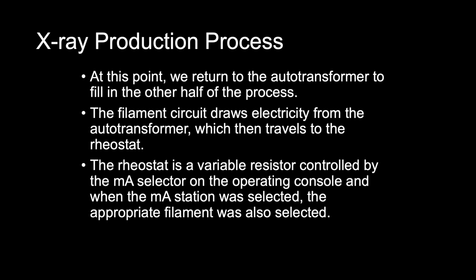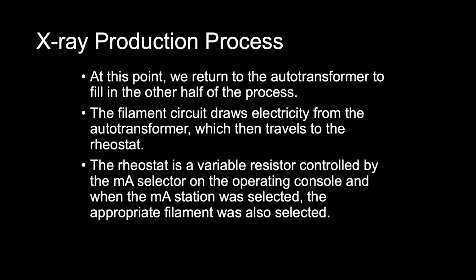So at this point, we return to the autotransformer to discuss the other half of the process. The filament circuit draws electricity from the autotransformer, which then travels to the rheostat. The rheostat is a variable resistor controlled by the mA selector on the operating console itself. The focal spot selector represents the two filaments, the one large and the one small focal spot.